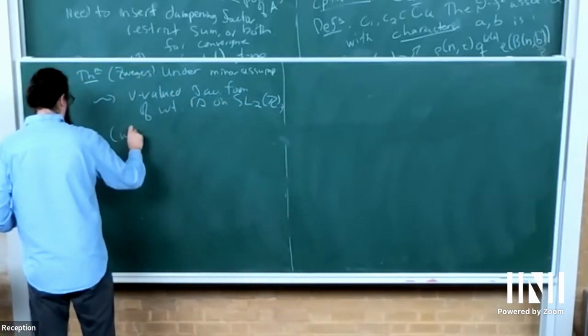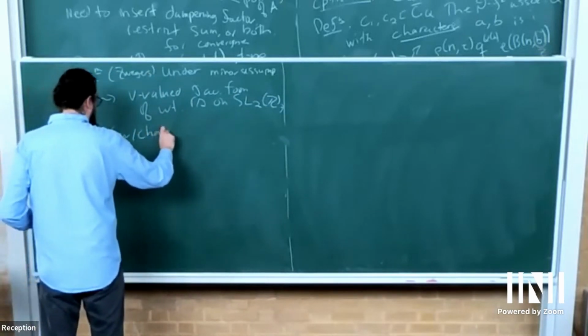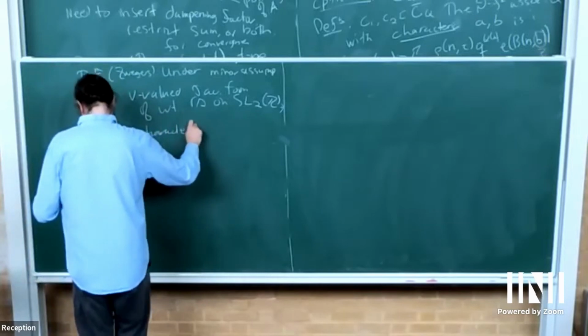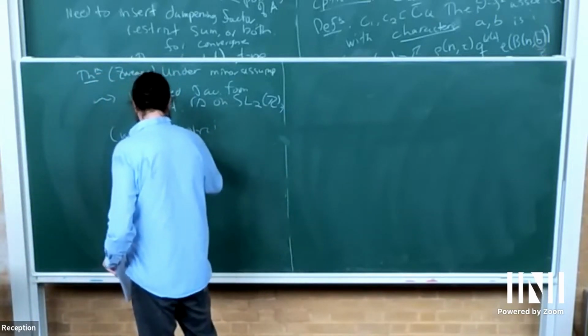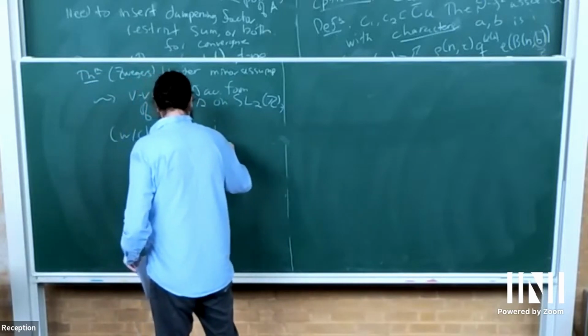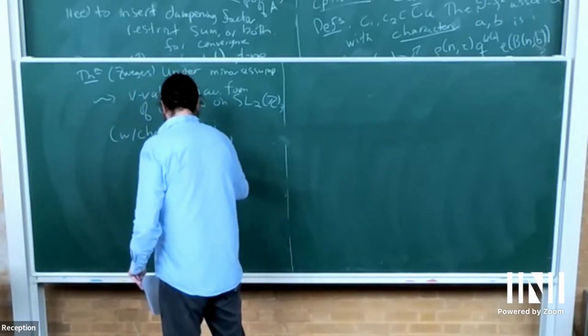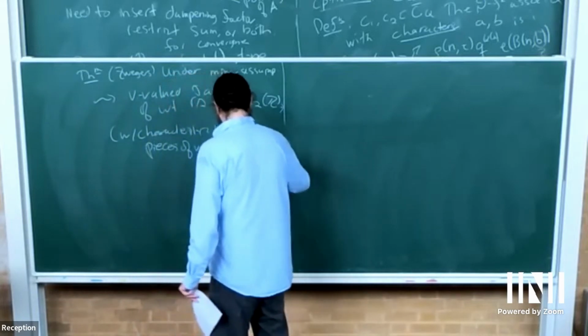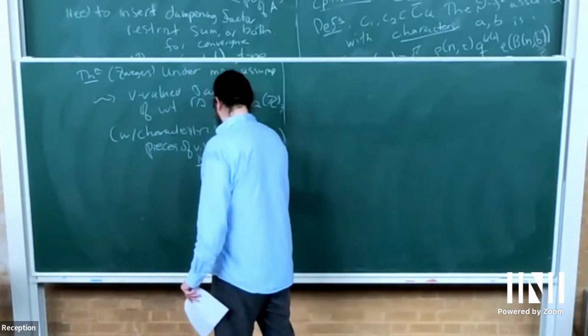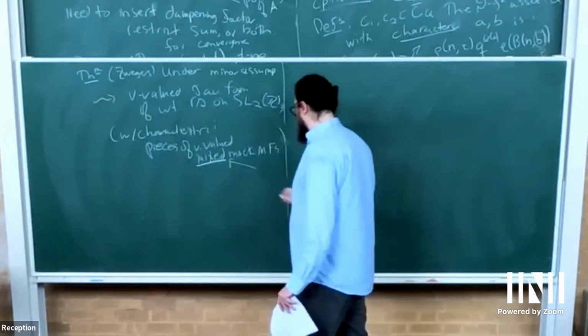If you pick the one with characteristic, without the z variable in it, these are pieces of vector valued so-called mixed Mock modular forms. And what is a mixed Mock modular form?